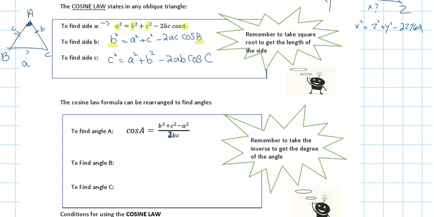I'm going to write it separately. So I have B squared minus 2BC cos.